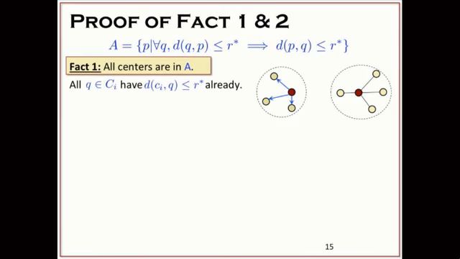The definition of A is there, if we need it. So we want to show that all of the centers are in set A. Consider one of the clusters and that center. For the points that are part of that cluster, we know that the center to the point, by definition, has distance of r star. So no matter what the backward direction is, the second part of this implication is always correct.